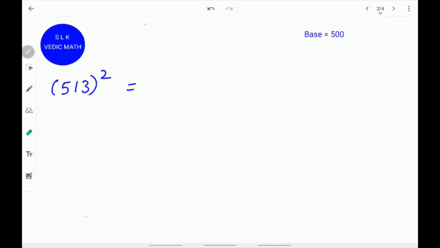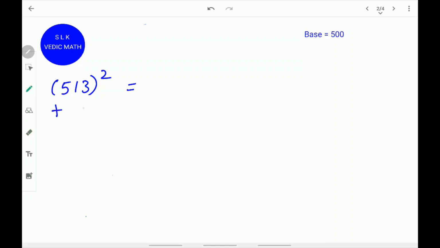513 square. Find a base for 513, which is 500. Why 500? Because 513 is close to the base 500. Next, find the difference between 513 and the base 500, which is 13.